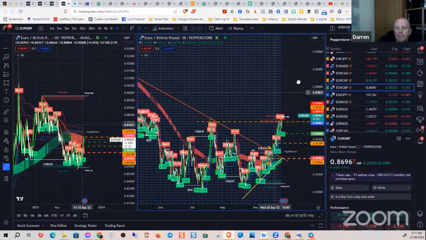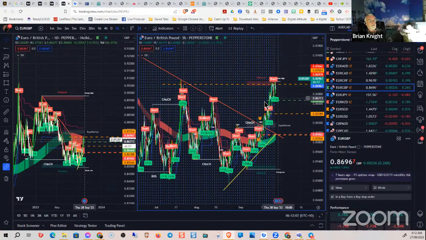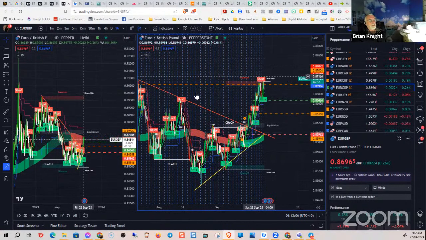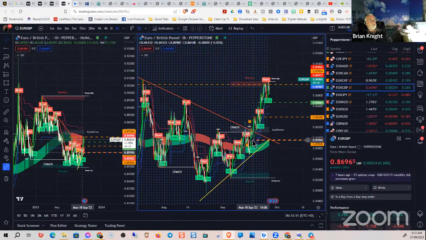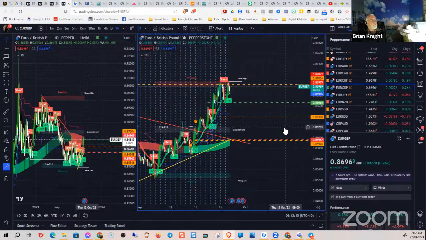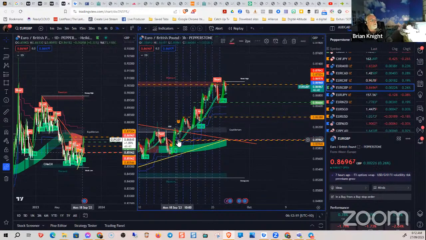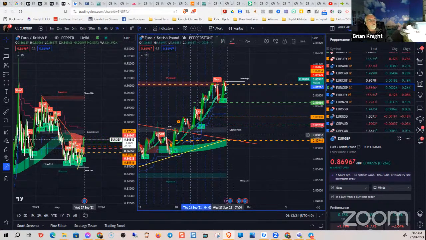Right. So Euro GBP, as I said, I'm in this one. I got an order in, and it pushed back up and now it's in profit, matched out. I'm just going to stay in this one at the moment. My stop loss is down here. What I might do is pull it up to below this low.